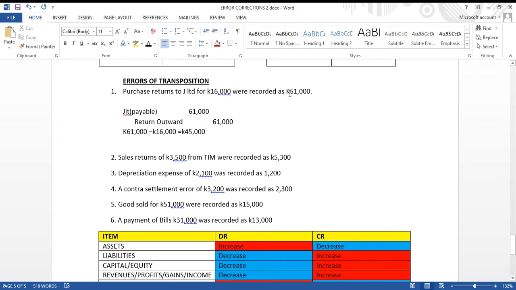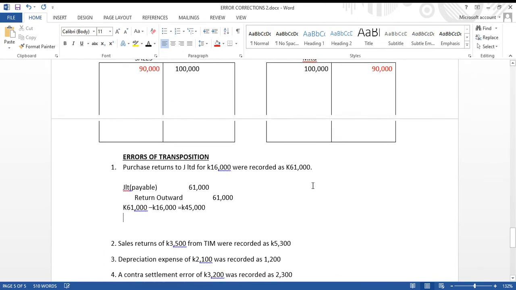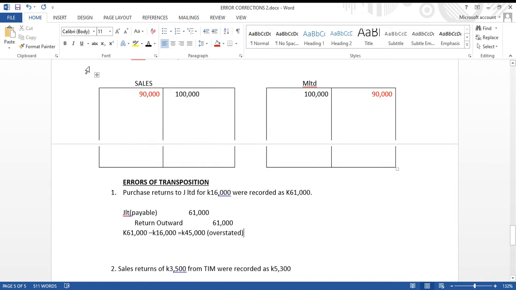So what we're supposed to do is now we have to decrease both these accounts by 45,000 so that we remain with the correct amount. So let me just bring the T accounts. And so our error of transposition was overstated. Let me get some T accounts here.